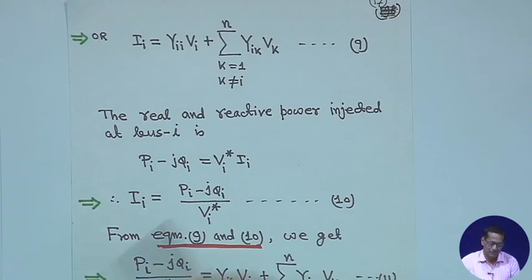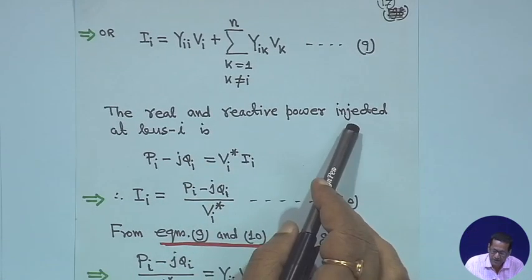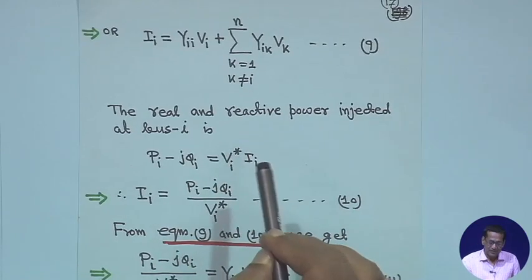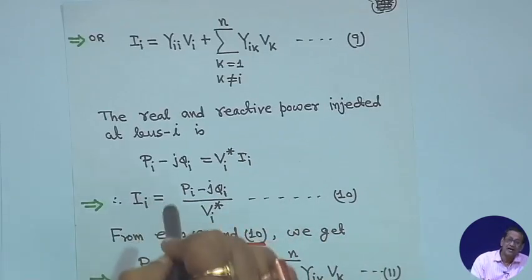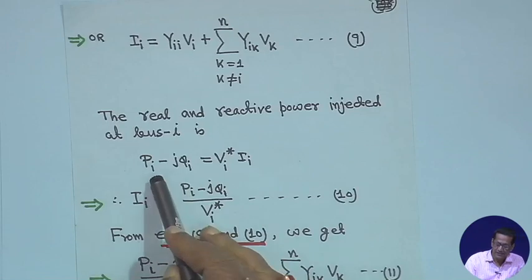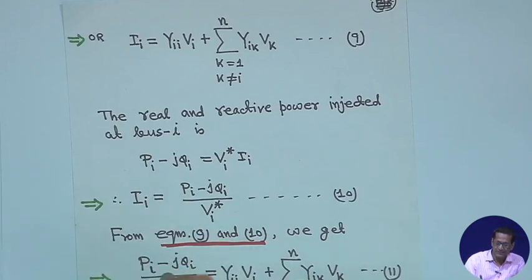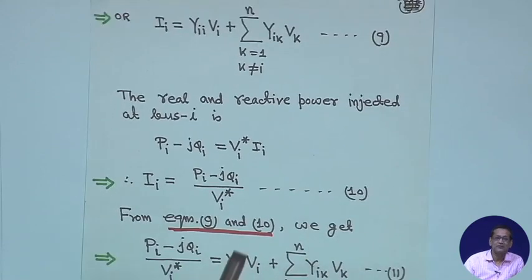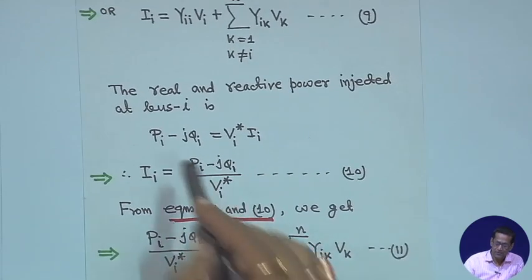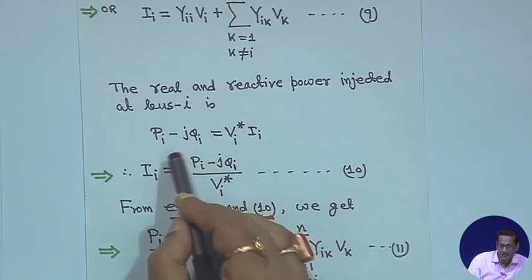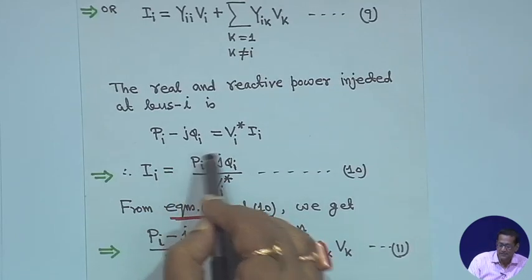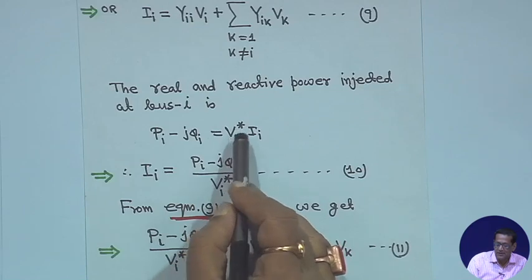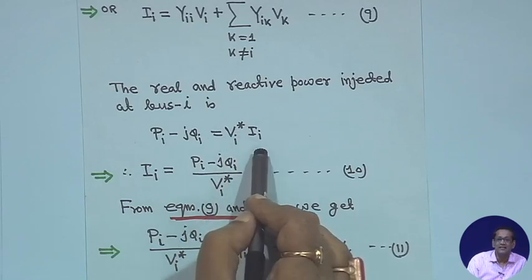In that case, at a particular bus i, the real and reactive power injected, the real power injection, reactive power injection will come later, because generation will be there, load will be there. At that time we will discuss. So, P_i minus jQ_i, the real and reactive power injection, is equal to V_i conjugate I_i, at bus i.